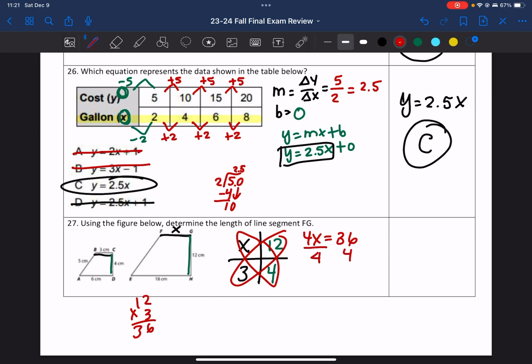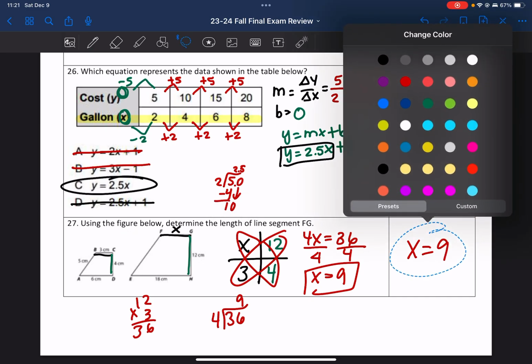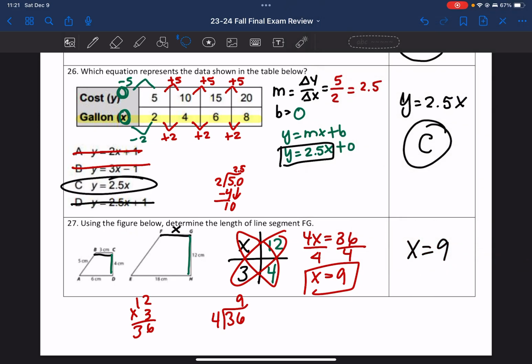Let's divide that by 4. I know that is going to be 9. All right, awesome.